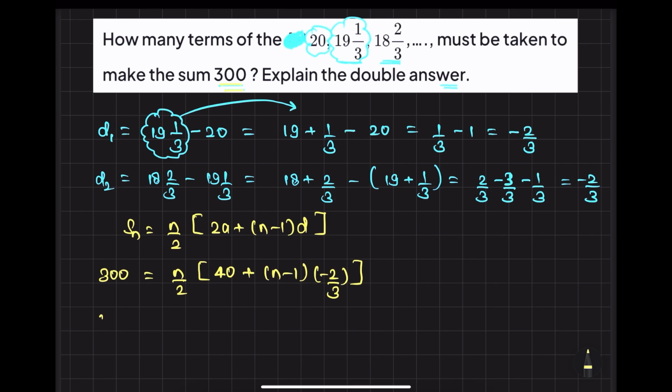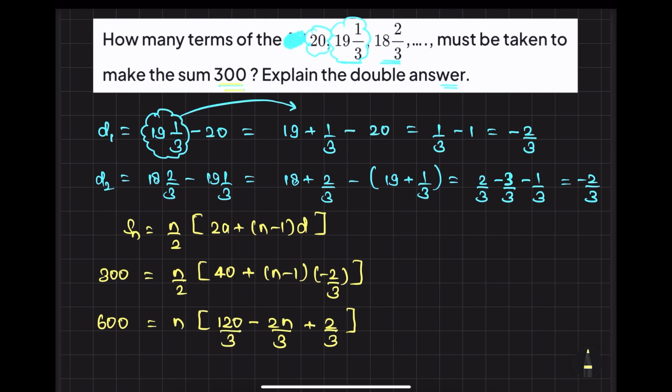So we will have 600 equals n times 40 minus 2n by 3 plus 2 by 3. What I will do is multiply and divide by 3.